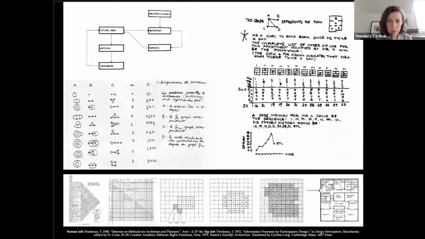Among these papers was French-Hungarian architect Yona Friedman's paper, Information Processes for Participatory Design. For those of you who are not familiar with Yona Friedman, he was a really important figure in the so-called radical architecture of the 60s.